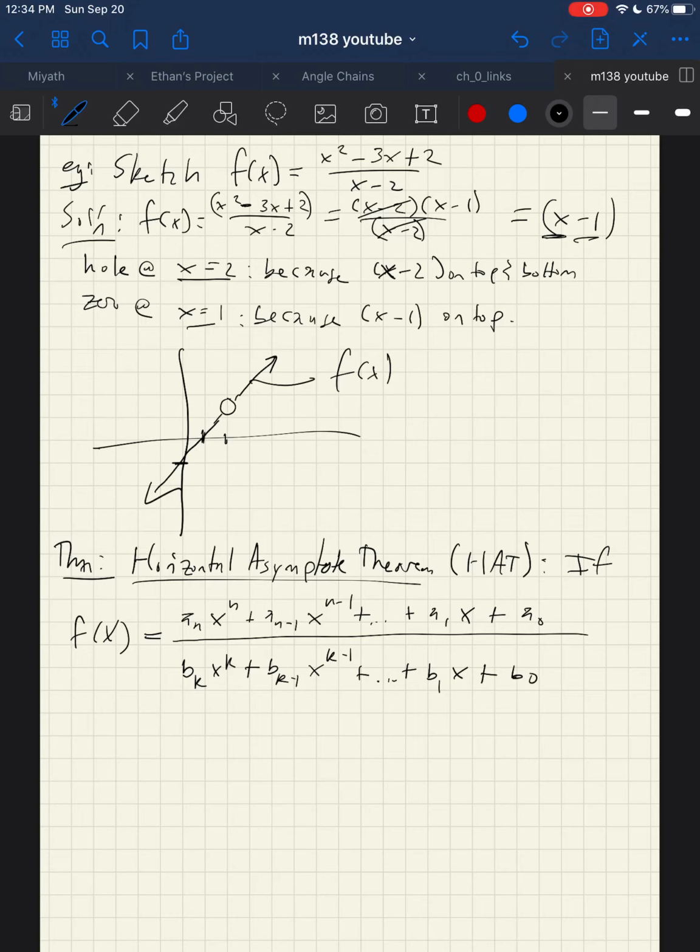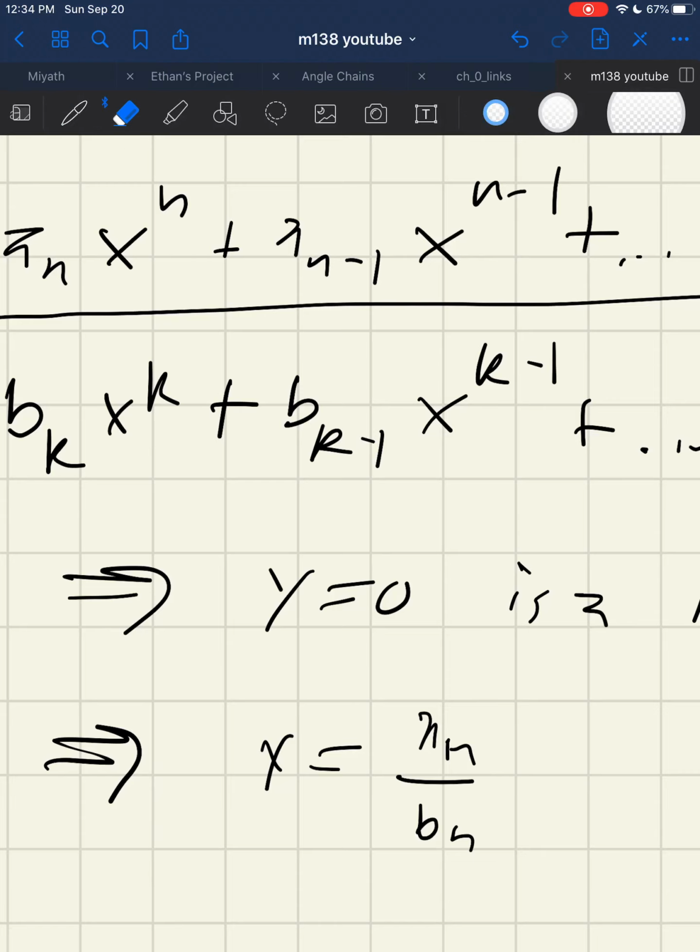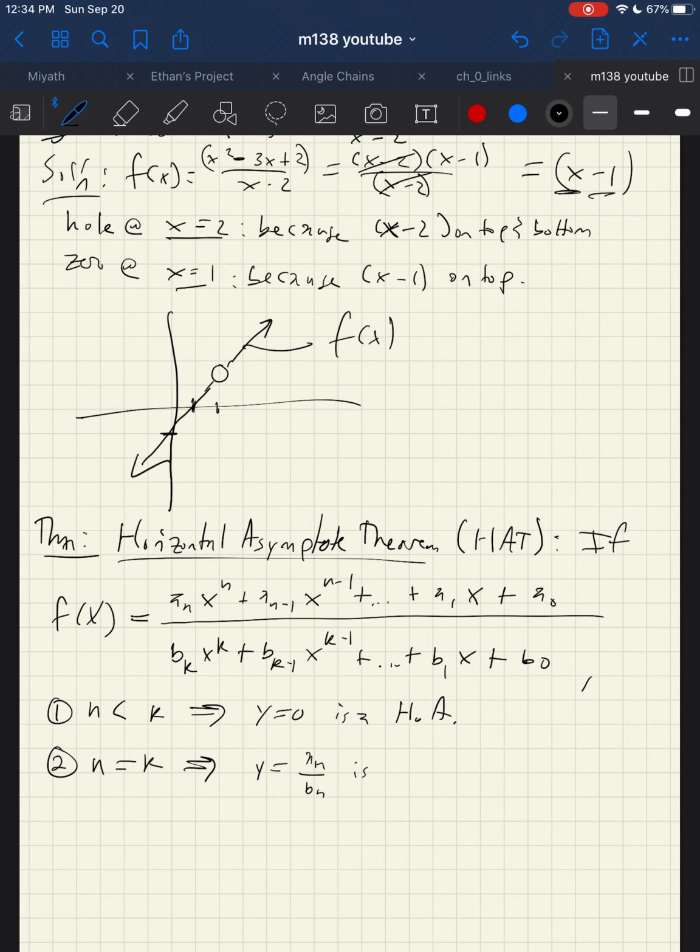All right, so if this is our representation of f: 1, if n is less than k, then y equals 0 is a horizontal asymptote. 2, if n equals k, then y equals a_n over b_n is a horizontal asymptote.